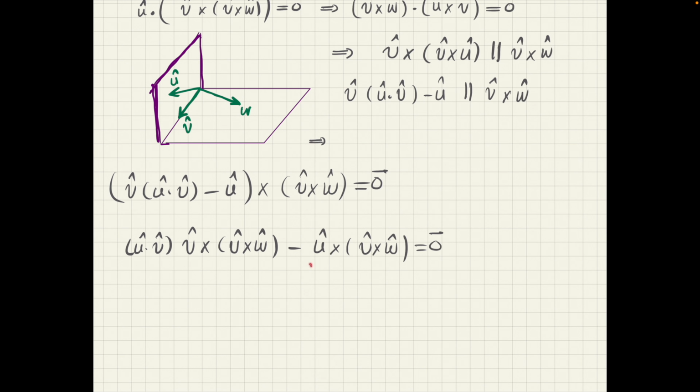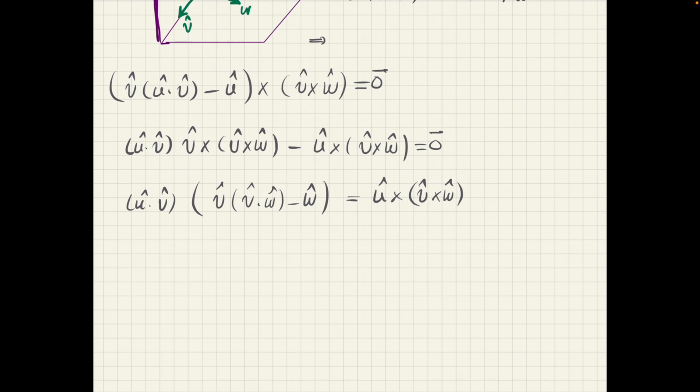Then I move this one to the other side and I use the BAC-CAB rule for this case. So it becomes U dot V and that becomes V dot W minus W. And on the right hand side I will have U cross V cross W. Yes?